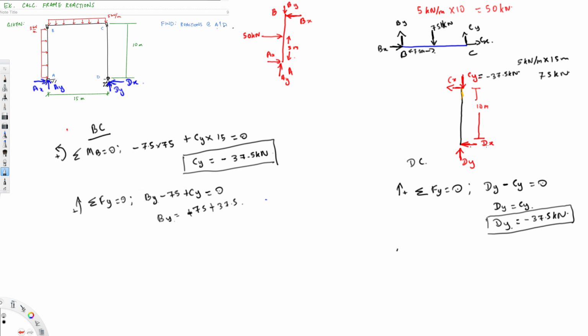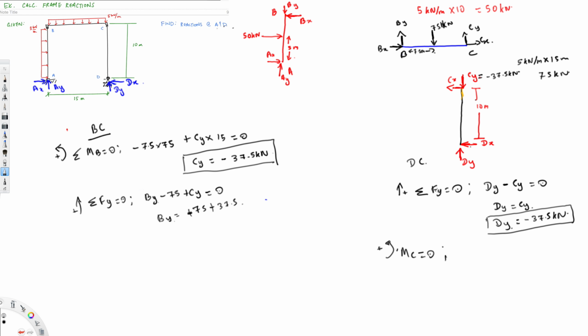Let's say moment around C. Moment on C is equal to 0 in statics, counterclockwise positive. If I solve this one, Dy is not going to create any moment because it's exactly in the same direction to this C. Therefore it's not going to create any moment.